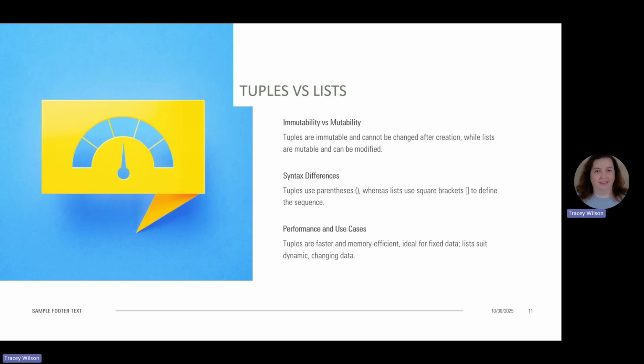They're ideal for fixed data, coordinates, building a deck of cards like we're going to. The cards don't change. They're the same 52 cards no matter what. Lists are more for dynamic changing things, storing database information. If you're storing things that you know are going to be updated, then go for a list.